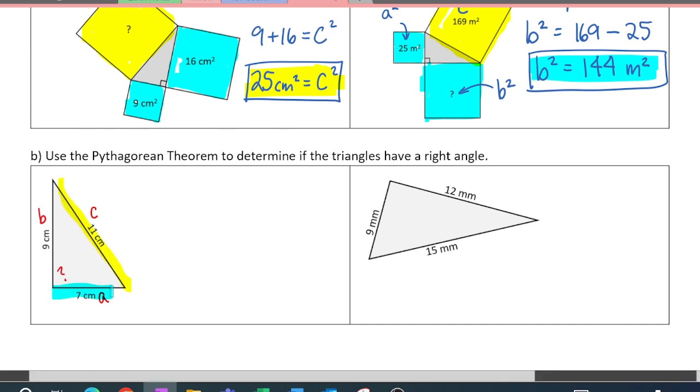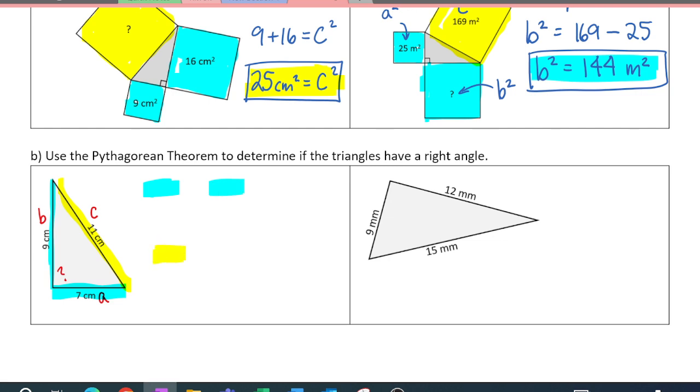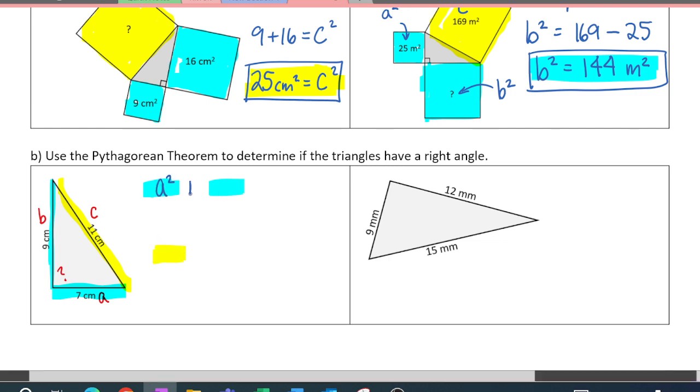Okay, and I'm going to use the same colors again, blue for the smaller two sides and yellow for the largest side. So we want to see if a squared plus b squared really does equal c squared. If it does, then we know we have a right triangle. So let's test it to find out. Now this time we haven't been given the area of the square, we've just been given the side length.